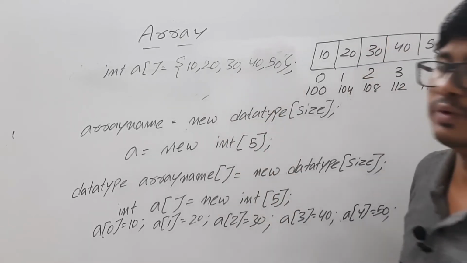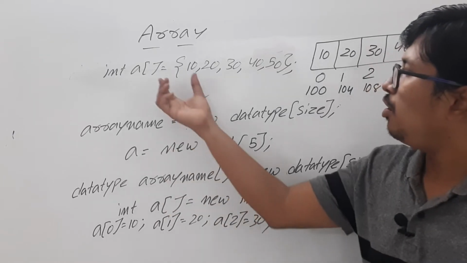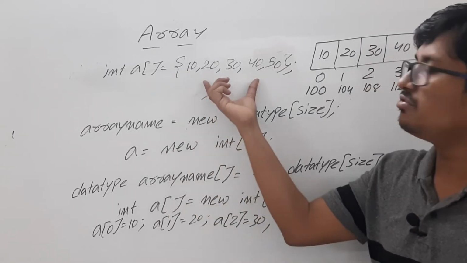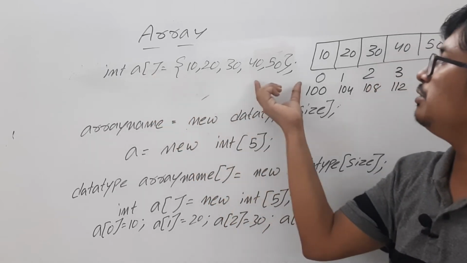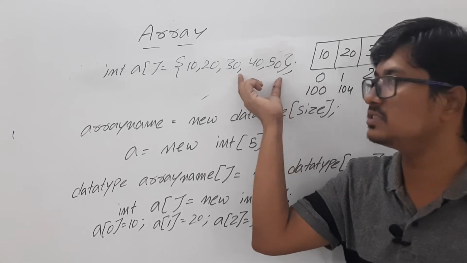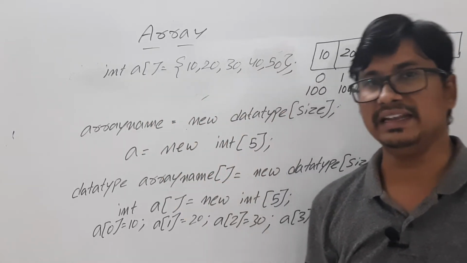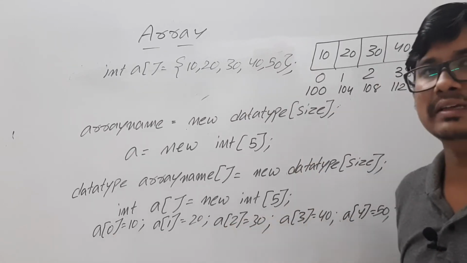Like this also I can do it. So you can ask me, sir, how many elements am I storing? I am storing 5 elements. So then the array size will be 5. So based on how many values you are assigning or initializing, that will be the size of this array. Is it clear? So you can do like this, or you can do like this also.